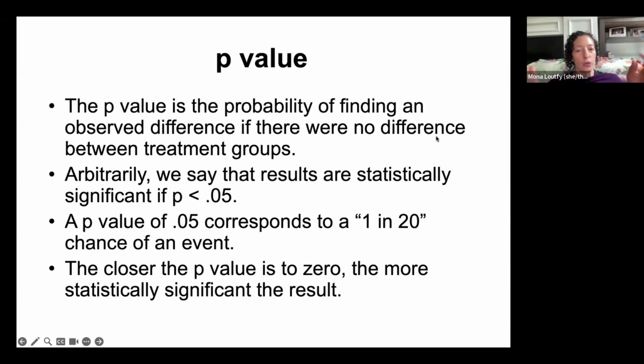So now we've gone over summary statistics that you use to describe your population based on continuous variables and categorical variables. Continuous variables you describe using means and standard deviations, or medians with interquartile ranges. Categorical variables you describe using frequencies and proportions. And we went over the tests you use to make comparisons between groups.